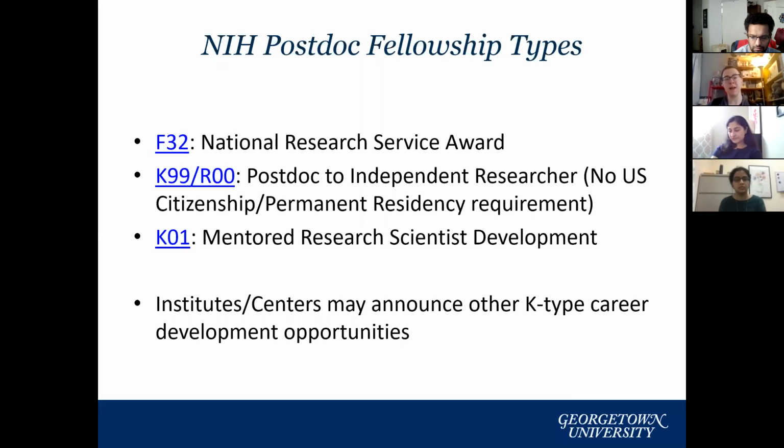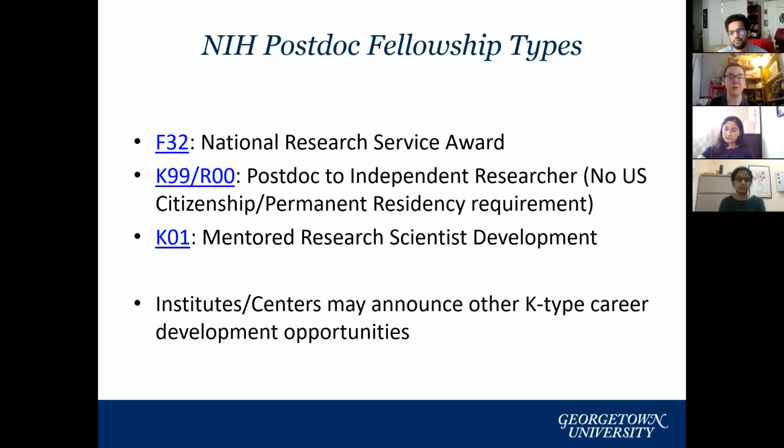So what the K99 does is it funds a few years as a postdoctoral fellow where you're still in a mentored research scientist relationship with the PI from your lab. In this application, they give you instructions on what to write regarding what research you'll do as a postdoctoral fellow and how you'll pivot that to being an independent career researcher.